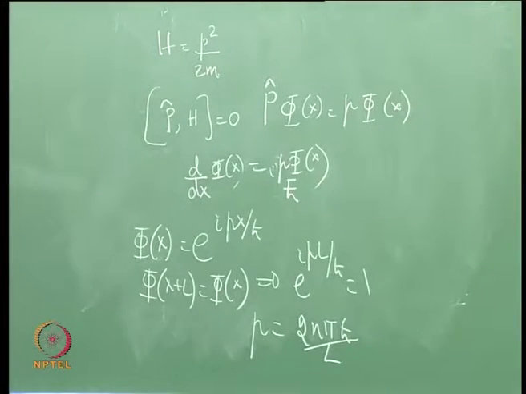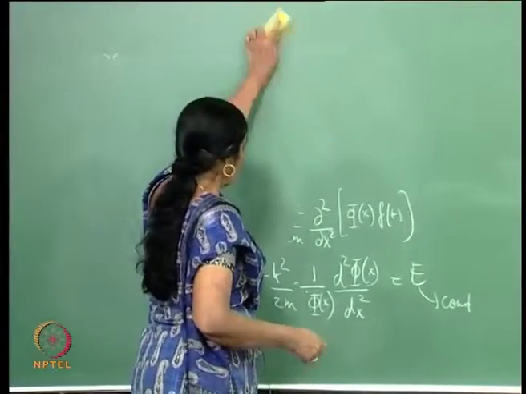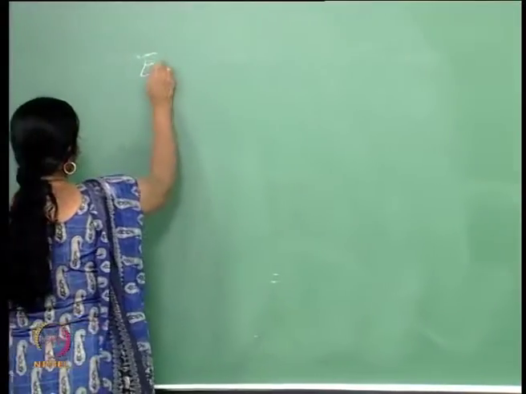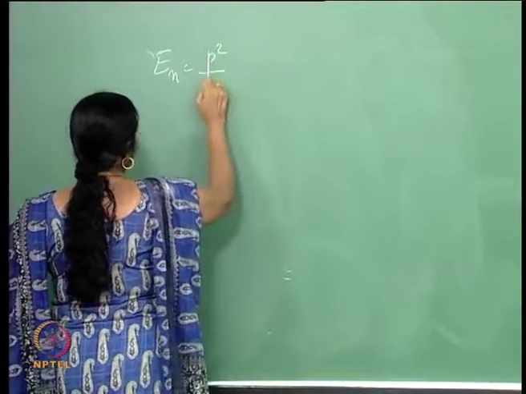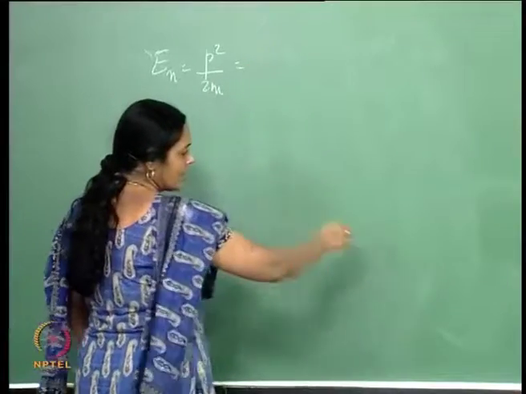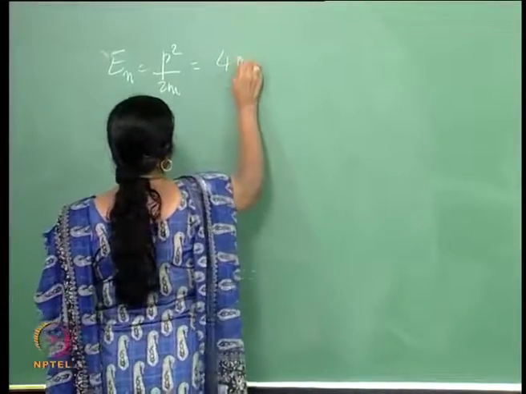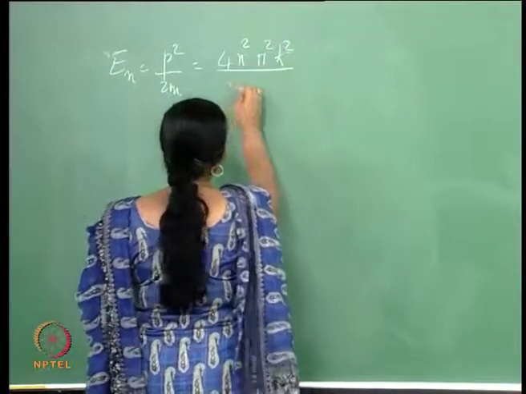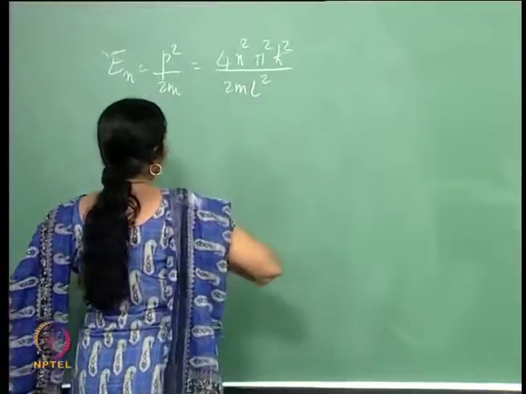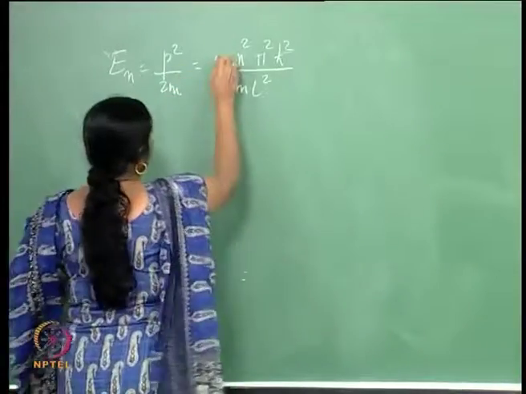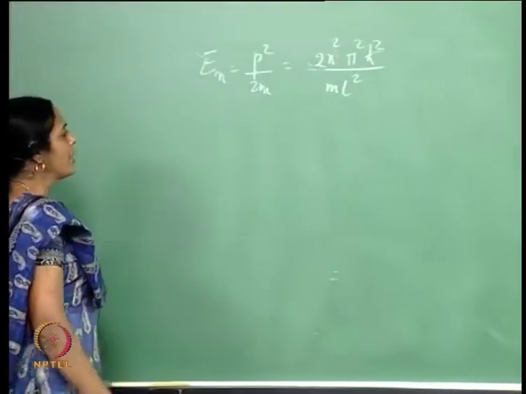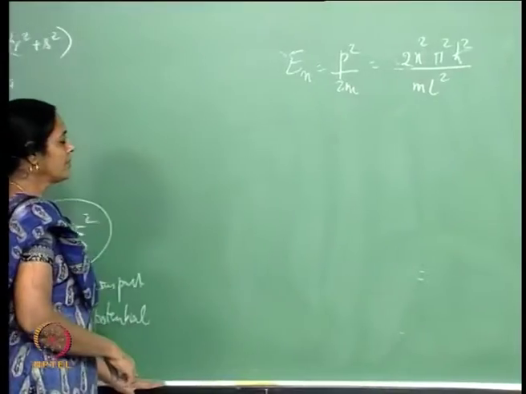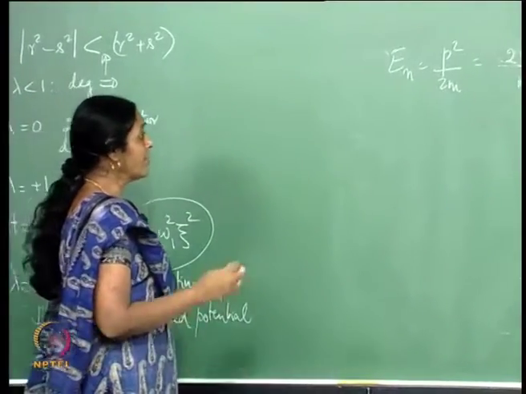So, the energy itself for this particle moving on a circle is obviously quantized, and E sub n, which is the energy, is p squared by 2m, and since p is quantized, you just have 4n squared pi squared h cross squared by 2mL squared, or let us just put a 2 here. That gives me 2n squared pi squared h cross squared by mL squared, n taking integer values, non-negative values.